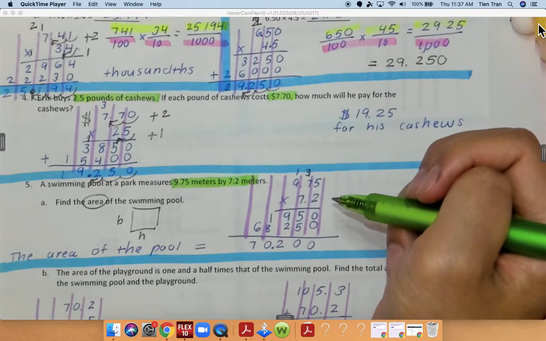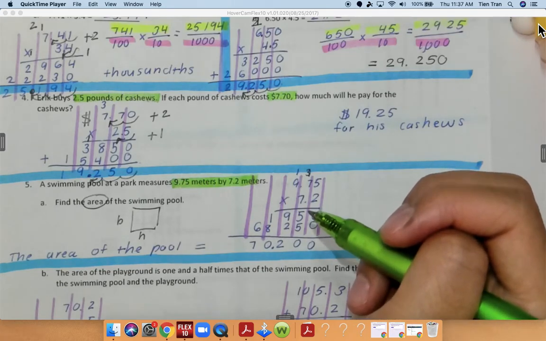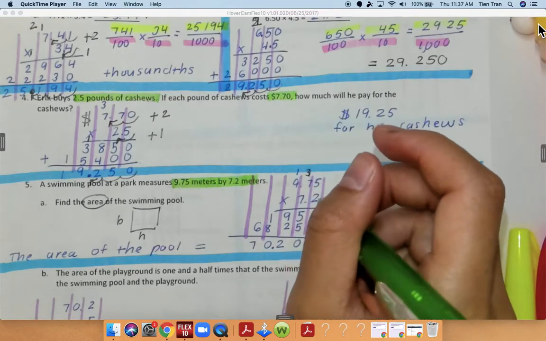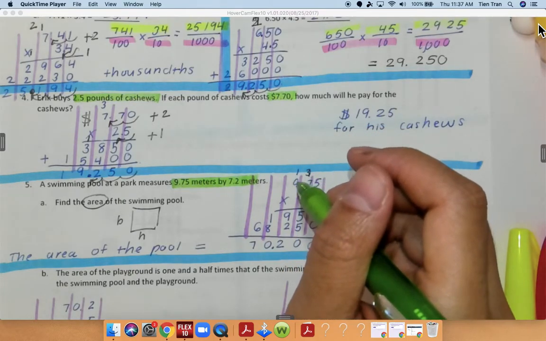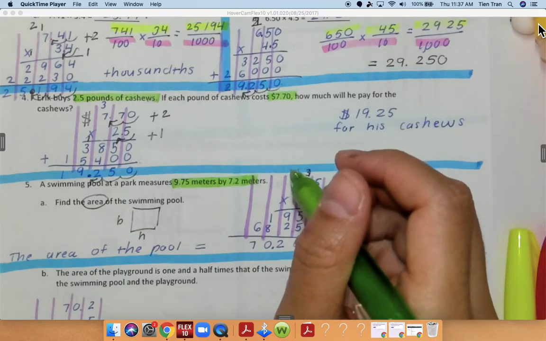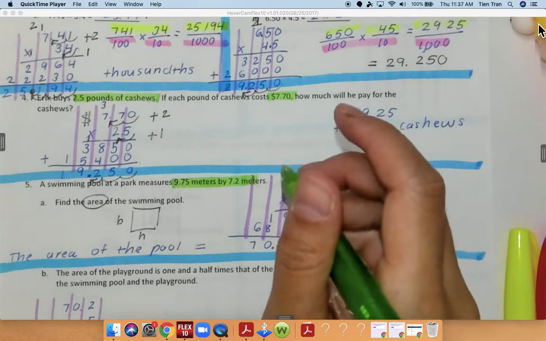7 times 7 is 49, plus 3 is going to give you 52. And 7 times 9 is 63, plus 5, sorry, is going to give you 68.